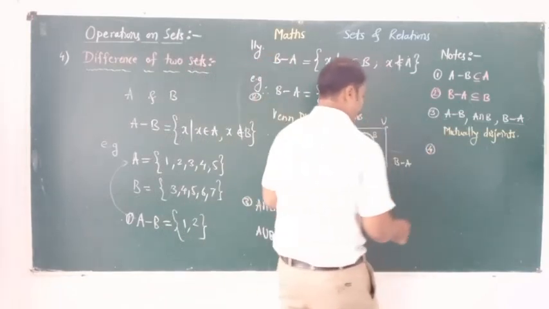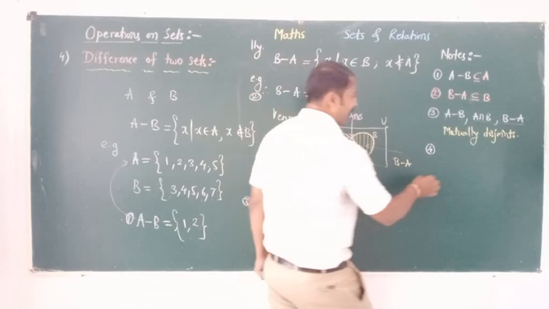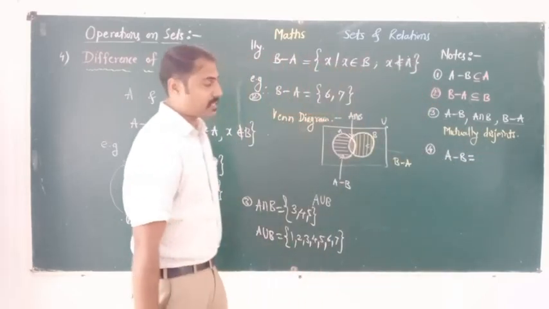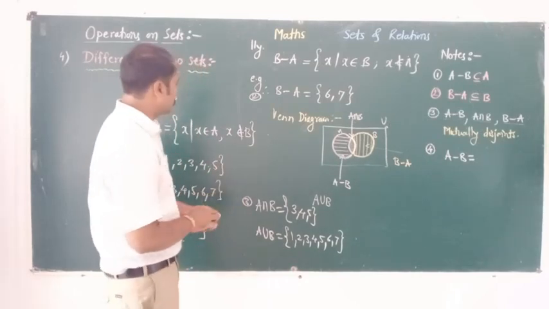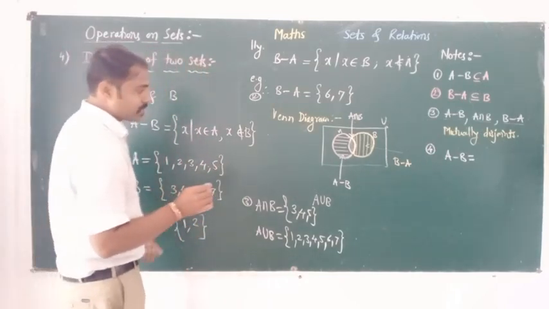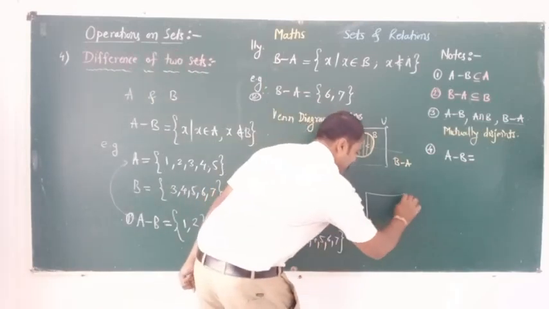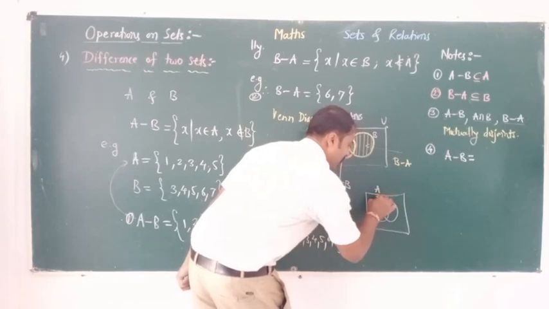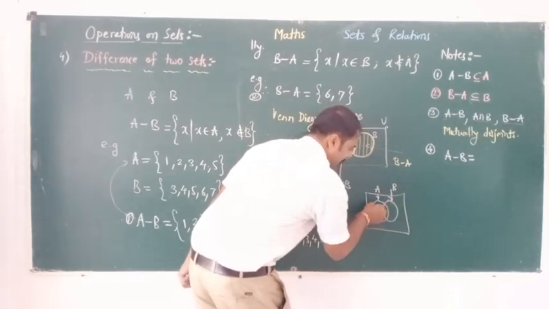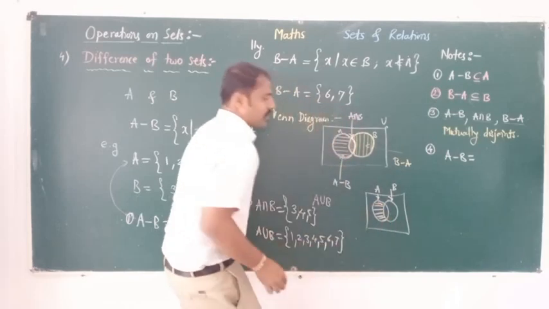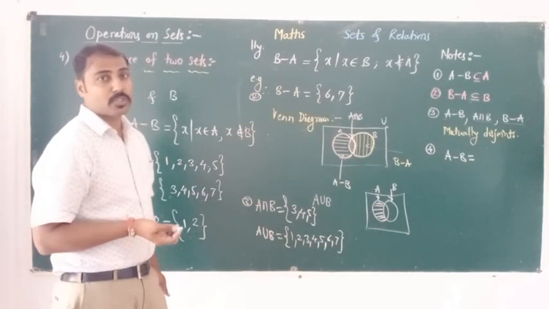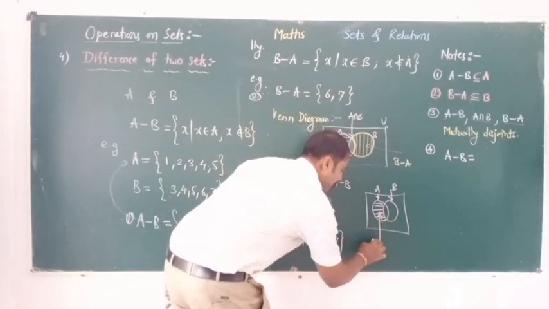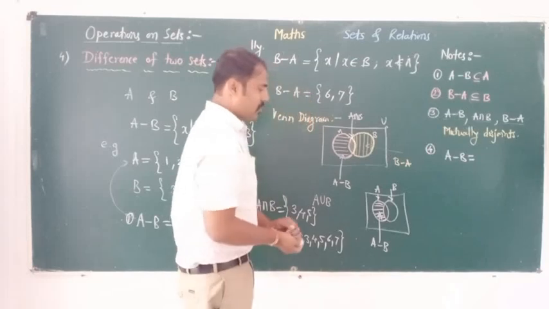Fourth note is here. A minus B can also be written another way. Look at me, I am showing A minus B here again. Here is our A, here is our B, and that shaded portion is nothing but A minus B. Look at it.